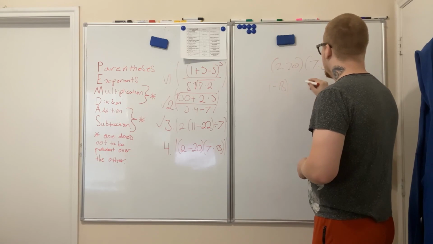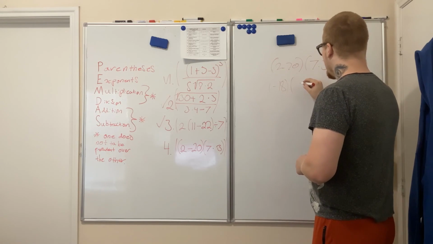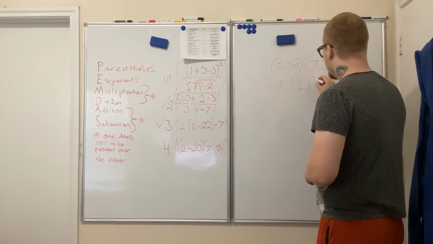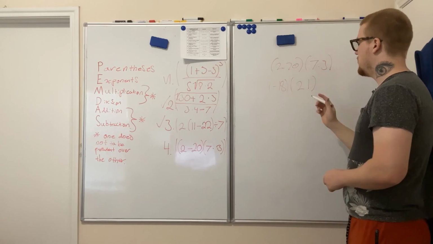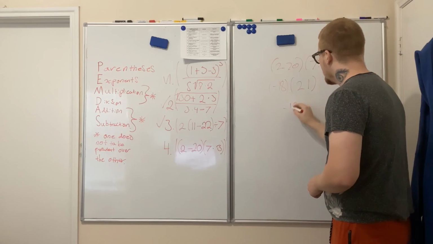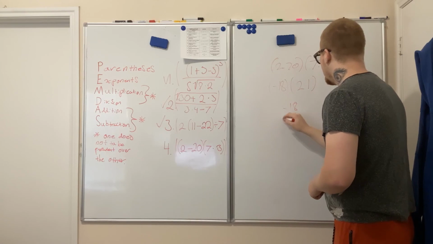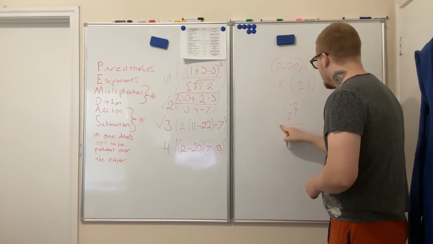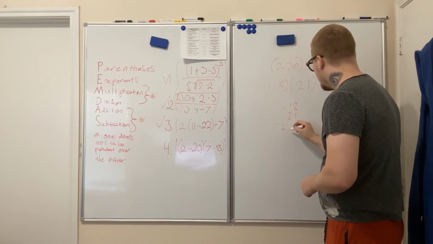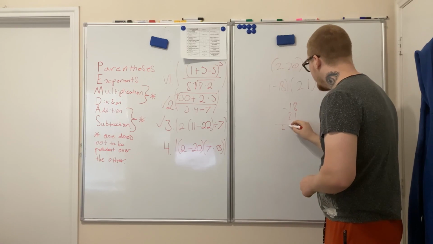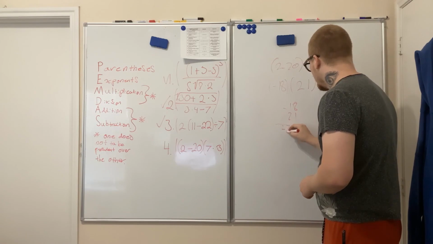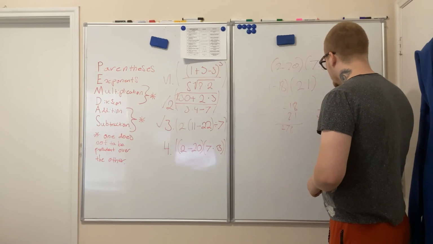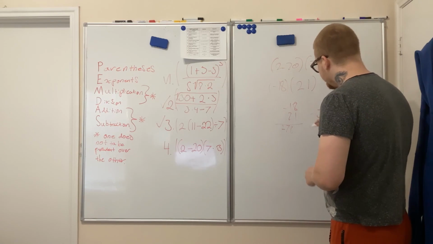You're going to put that back in the parentheses. Then you have 7 times 3, which is going to equal 21. And then you multiply these two together, negative 18 times 21, and that gives us negative 378 there.